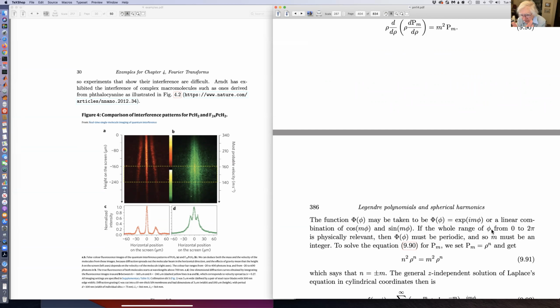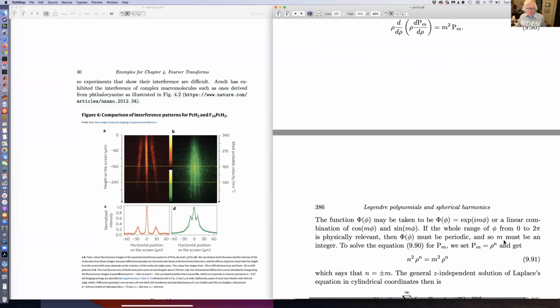Or are we just trying to do the physics in some region that's a wedge? And if the whole range of phi is physically relevant, then Phi must be periodic and m must be an integer.